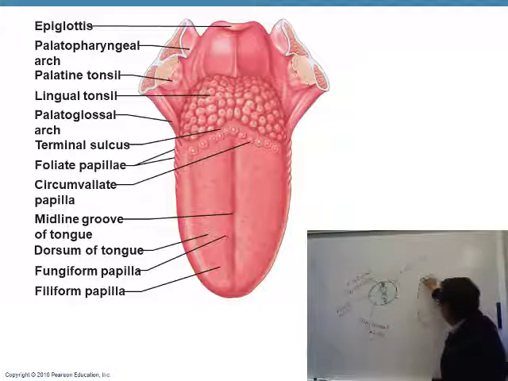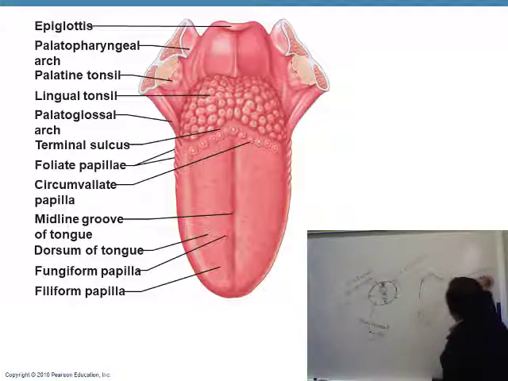In the back part of the tongue, you will see larger papilla, and they form like an inverted V or U-shaped arrangement. These are not too many, like 10 to 16 in number, and larger. These are called circumvallate papilla.